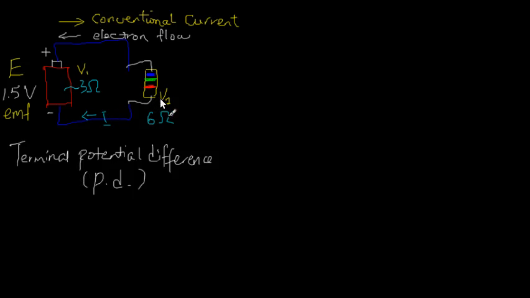Now what I want to do in this video is to try and calculate the power that is used in pushing current through this external resistor. When current flows through the external resistor, the electric energy would be converted to heat energy.